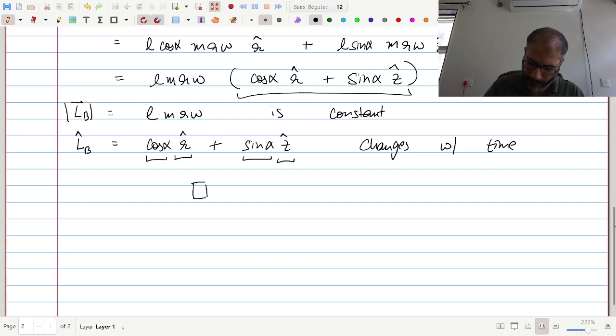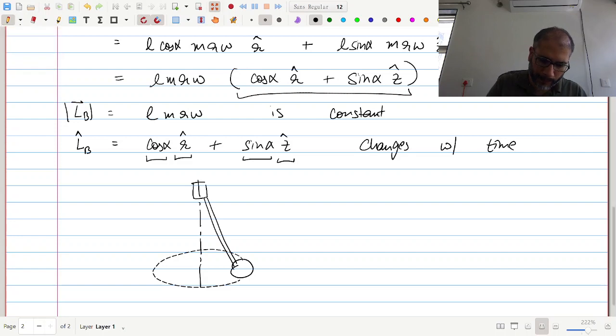We'll have to draw the figure again. So this LB was vector L cross mv.